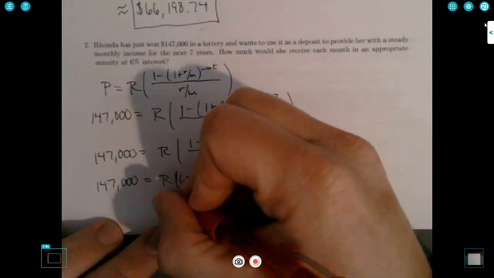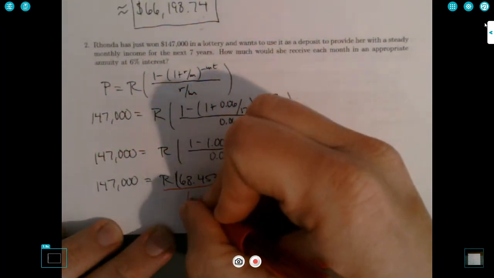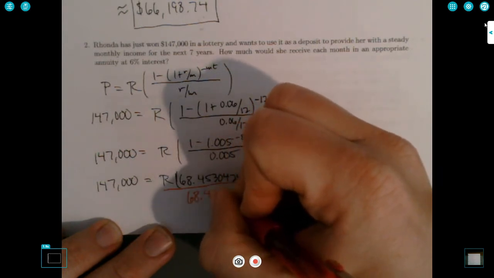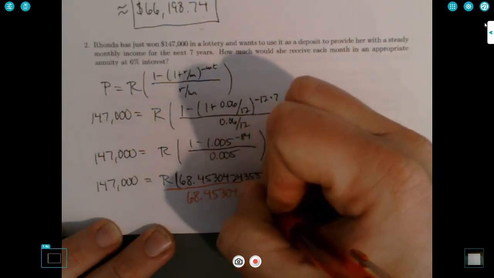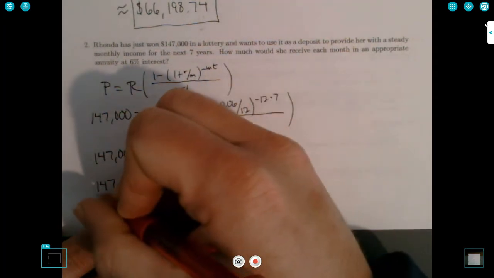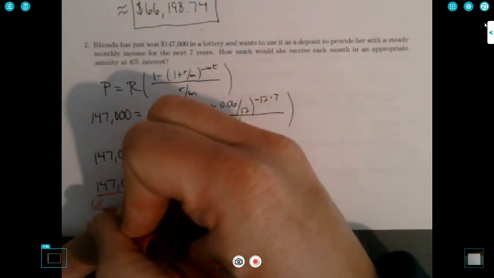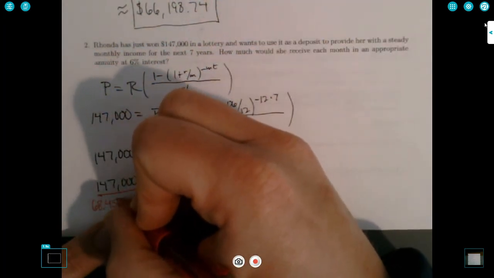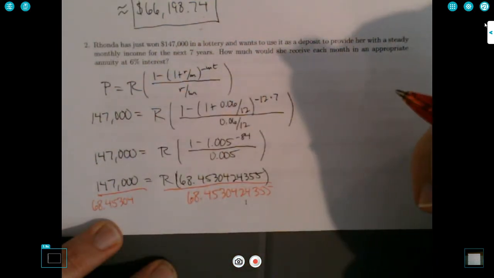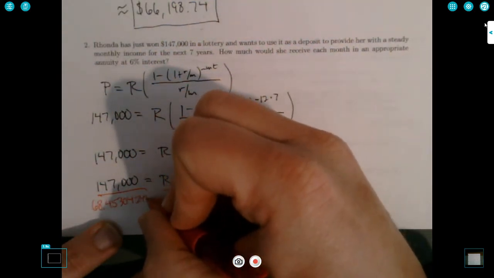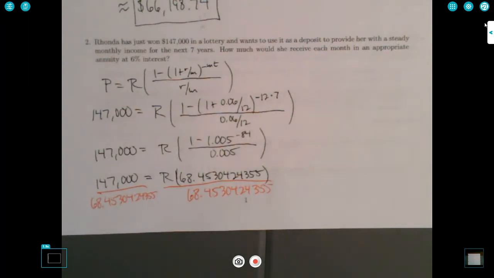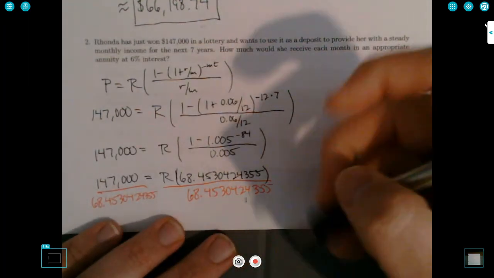We're going to divide by 68.45304 24355 on both sides, in order to solve for r.